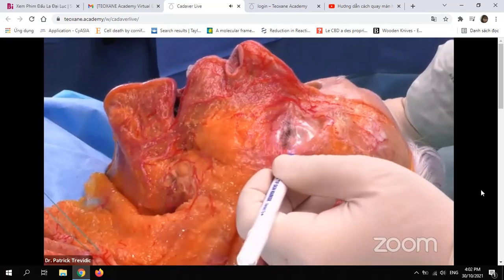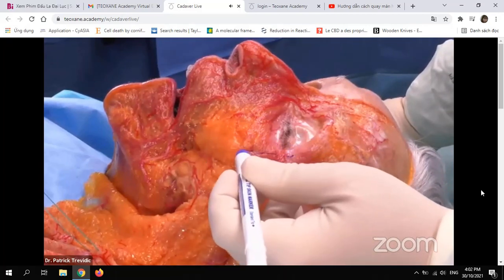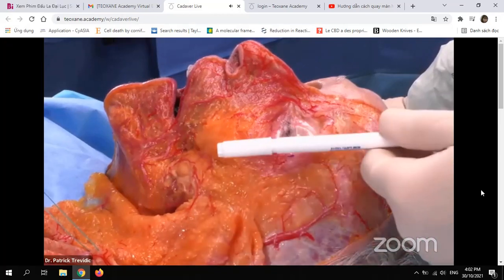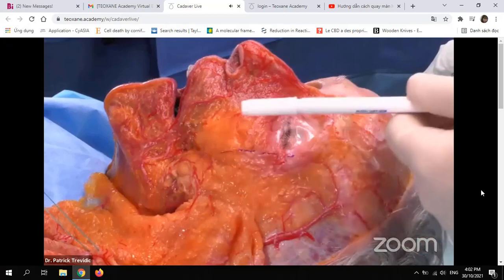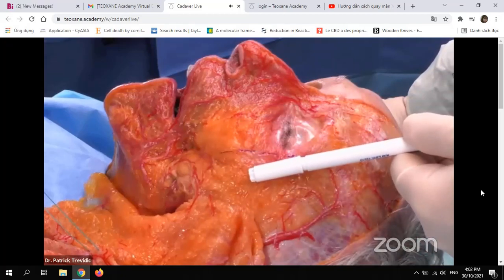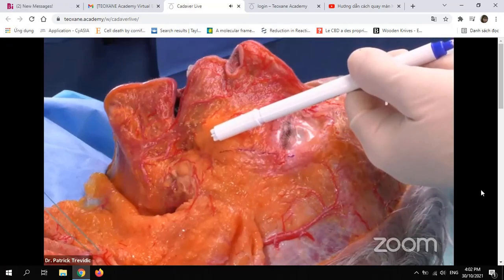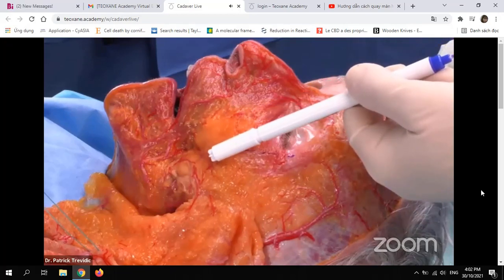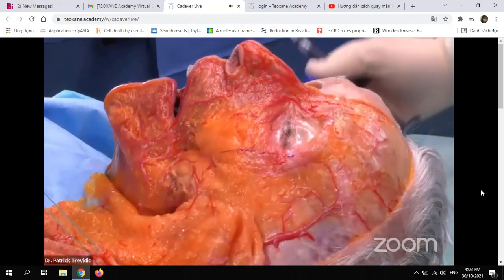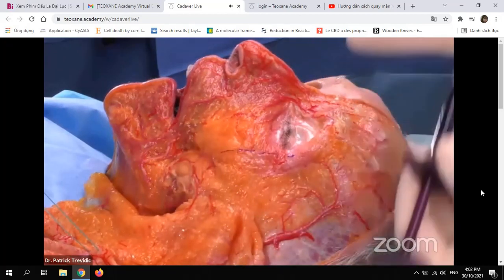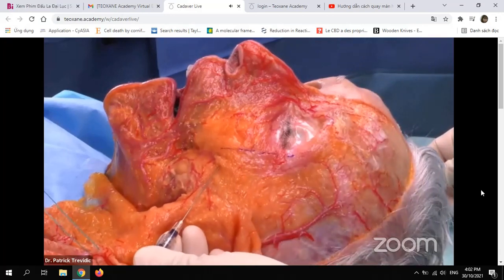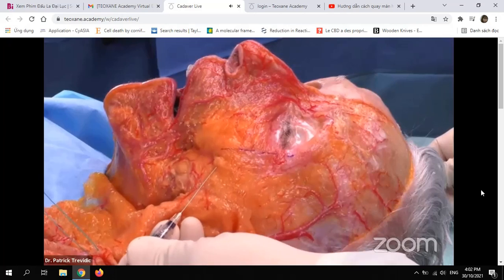If you draw a line here, a vertical line of the face, you divide the face into medial and lateral, and here you get the medial SOOF, lateral SOOF, deep medial cheek fat, medial and lateral, just above the zygomaticus major.